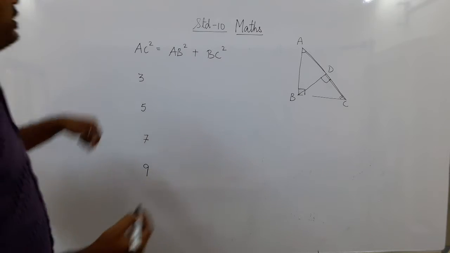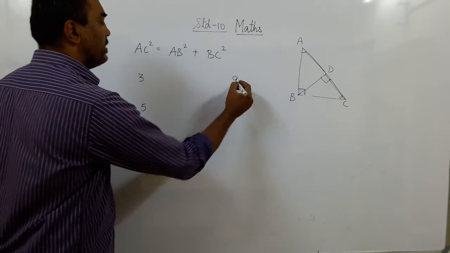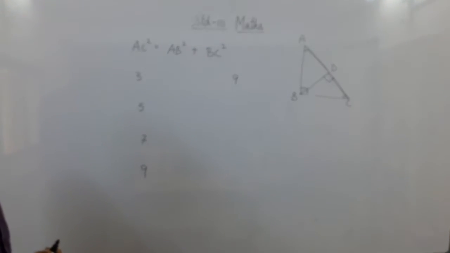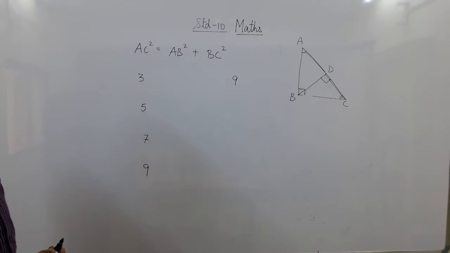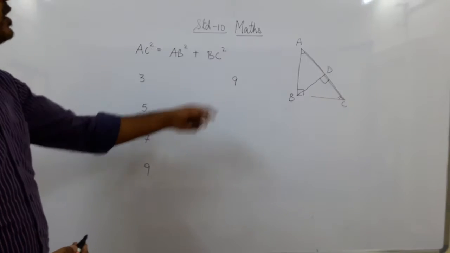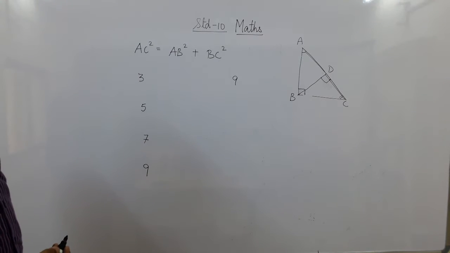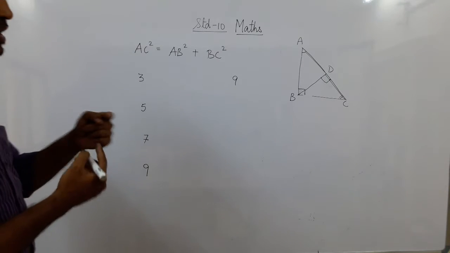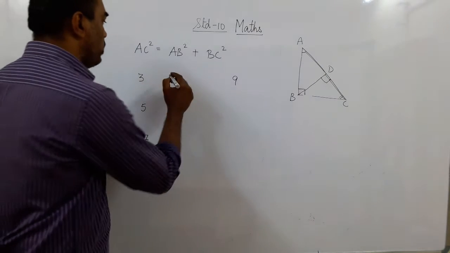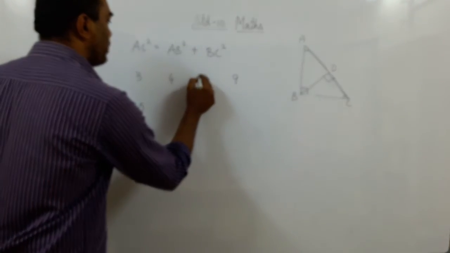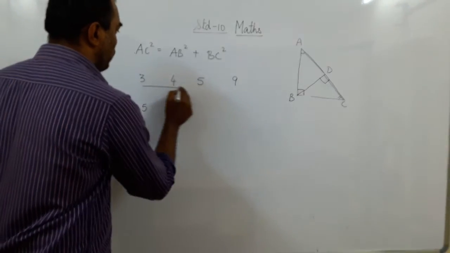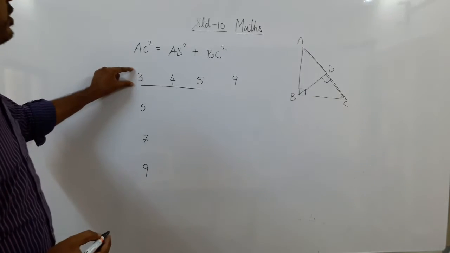What is the square of 3? 3 square is 9. Okay. Now which are the two consecutive numbers whose sum gives us 9? Notice the consecutive numbers, one after the other. So we have 4 plus 5 is 9. So 3, 4, 5 makes a Pythagorean triplet.